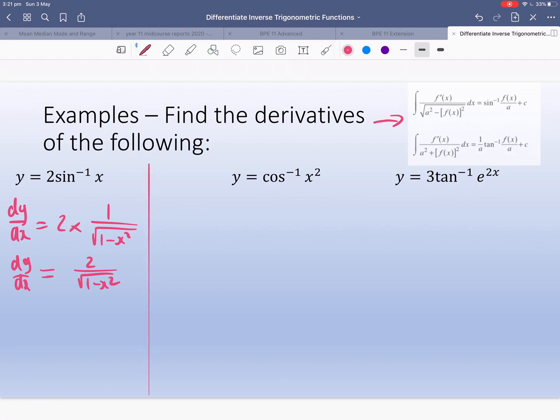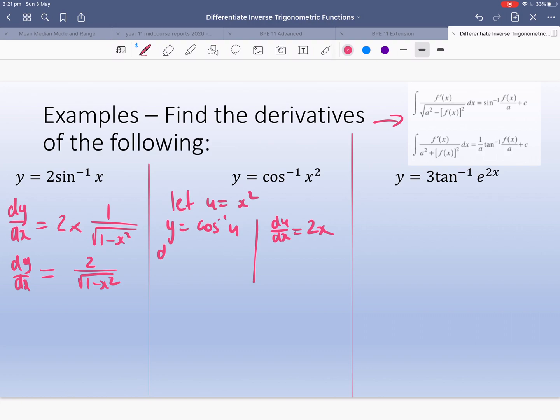Now this next one, we're going to do what we've done with a lot of things that we've been introduced to, and that is we're going to have to use a little bit of a chain rule. So if you look here, there's an opportunity for a chain rule, so we're going to use it. So I'm going to go let u equal x squared, and I'm going to split my page in half. So I'm going to go du dx equals 2x, and I'm going to go y equals cos inverse of u.